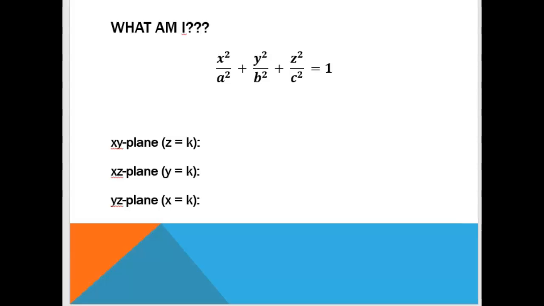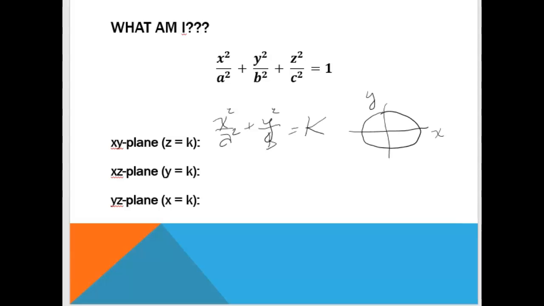This looks very much like the equation of the circle. If we hold z constant, so z squared over c squared is a constant, I'm going to move it over to the other side with the 1, and I have x squared over a squared plus y squared over b squared equals some constant, big K. Well, if I graph just those 2 dimensions, here's x, here's y, I get an ellipse.